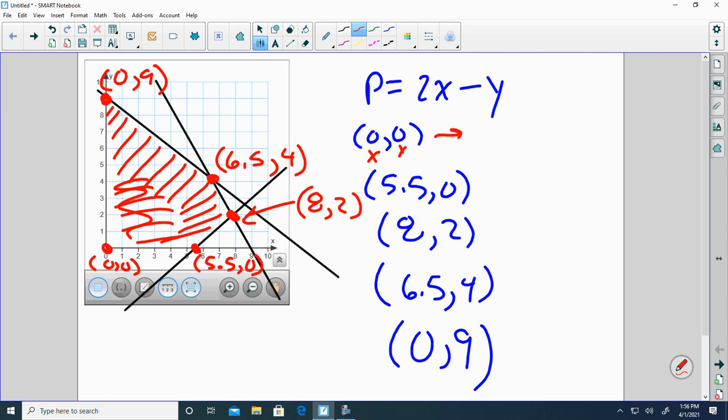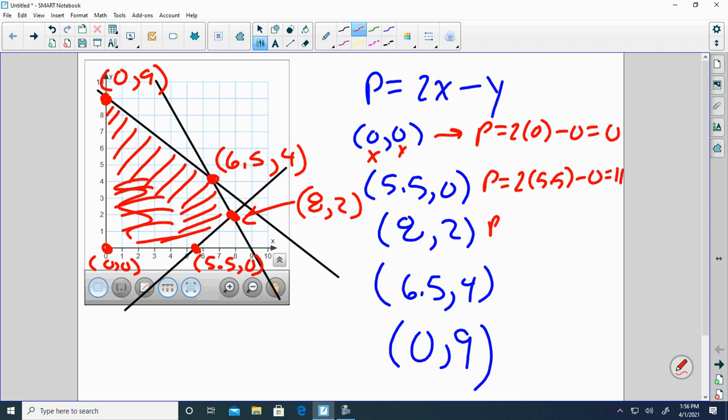So if I plug these into this equation, okay, a profit of 0, that's not good for a company, is it? Okay. Then I'm going to take 5.5, plug it in, so I get profit equals 2 times 5.5 minus 0. 2 times 5.5 is 11. 11 minus 0. Hey, I make $11 profit. Well, that's better than nothing, right? It's not the best, but it might be.